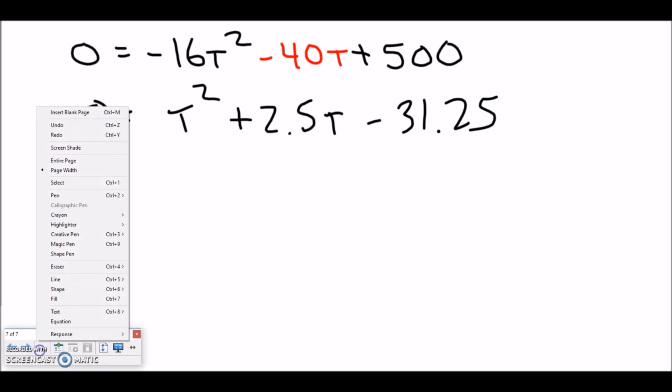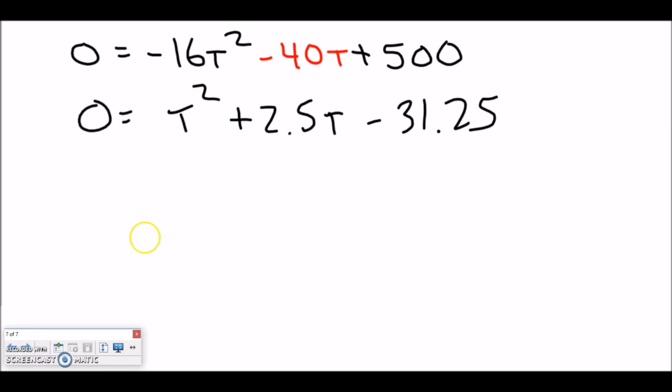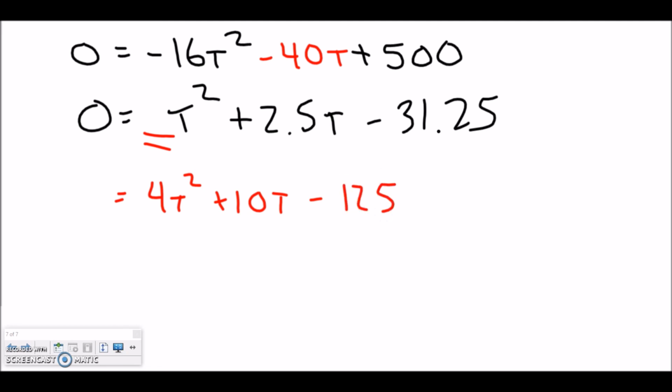Obviously, we need a 1 out in front if we want to complete the square. Now, if you wanted to try to factor but not have decimals, multiply everything by 4, and we could get 4t squared plus 10t minus 125, and you could try to factor that.